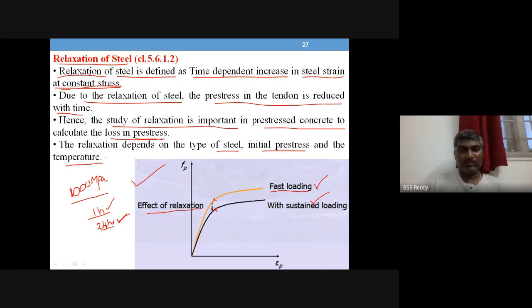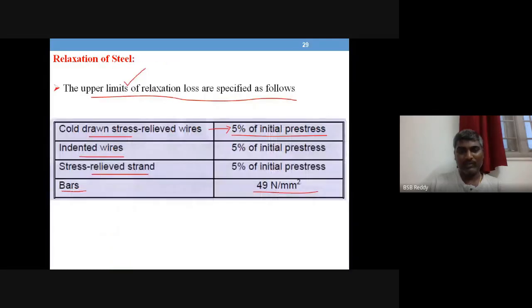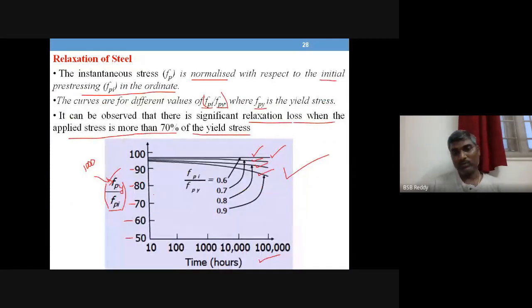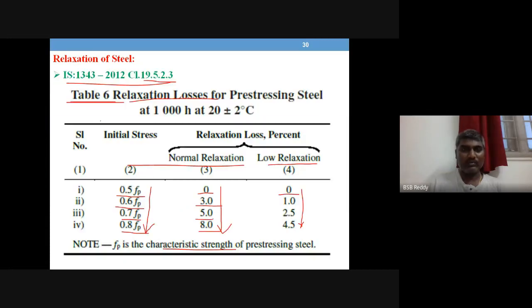So to estimate the effective pre-stress value, you need to know how much is the loss. That depends on the rate of loading and the amount of stress, and there are some upper limits given, also available in tabular form. Table 6 in IS code, keep your IS codes open, you can see this clause on relaxation losses. Typically at 1000 hours time, 20 degrees centigrade.